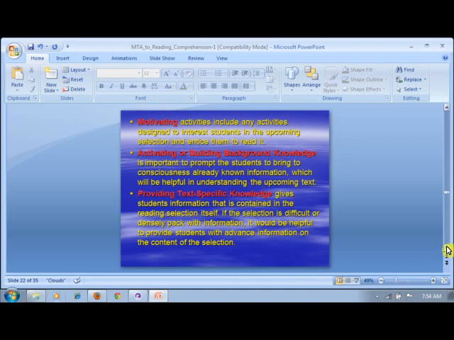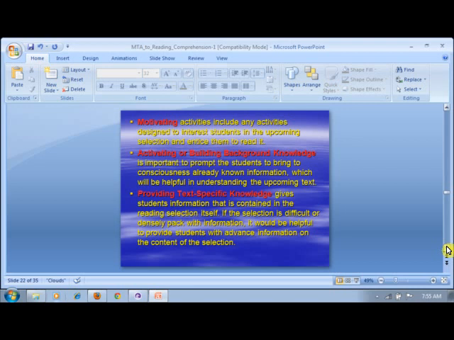Motivating activities include any activities designed to interest students in the upcoming selection and entice them to read it. Activating or building background knowledge is important to prompt the students to bring to consciousness already known information, which will be helpful in understanding the upcoming text.